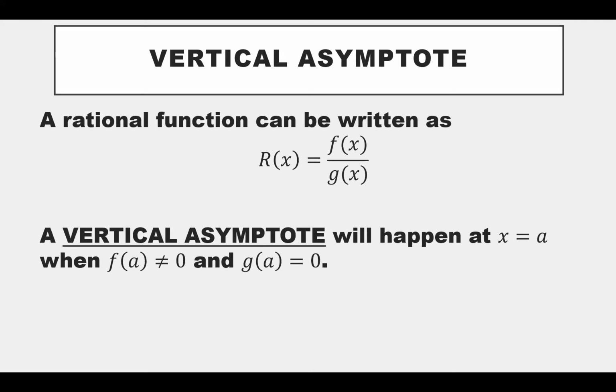So if a rational function can be written as f of x divided by g of x, a vertical asymptote will happen at x equals a when the numerator is not 0 and the denominator is 0. That is, when I plug in the a.